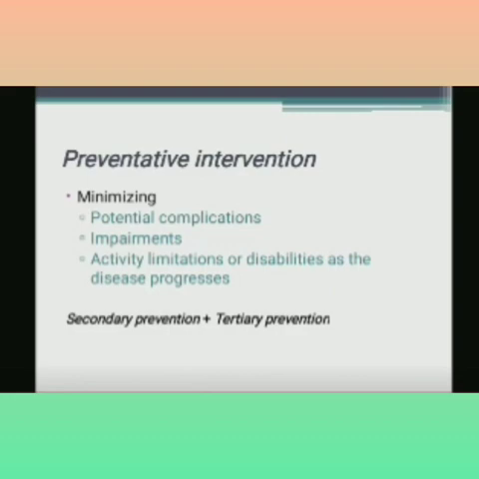Like in COVID, we are wearing masks, washing hands, using sanitizers. These are primary prevention. The secondary is like in COVID, after a person gets the disease, we quarantine that person not to spread the disease. That becomes secondary prevention. Or we give medication to the patient to be cured.